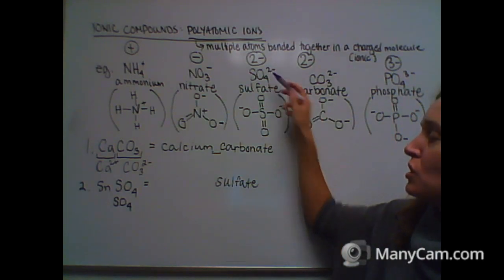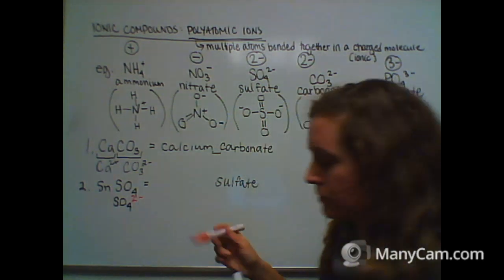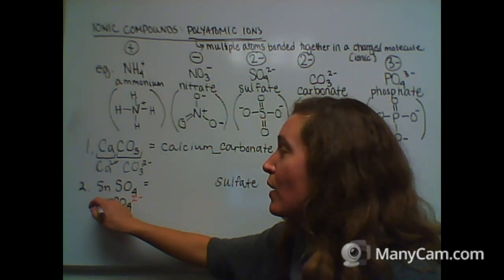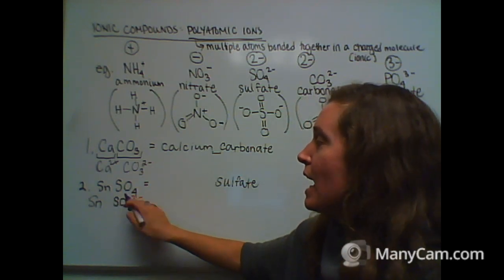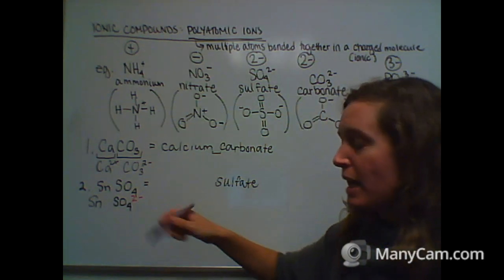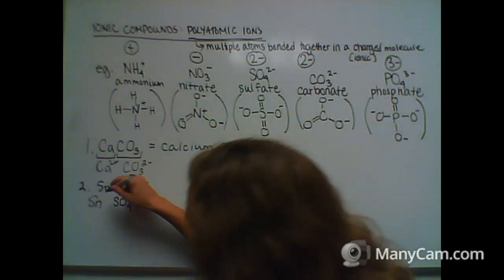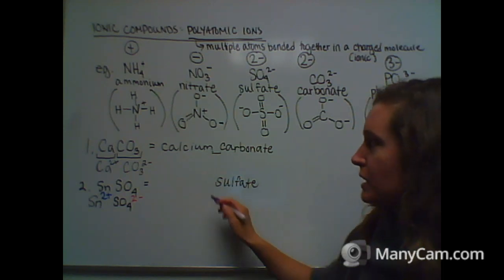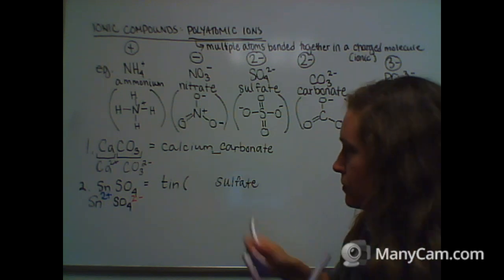We have to figure out the charge on sulfate, so let's write that down here. And now let's write out all the pieces. We have tin, and there's one of them. Sulfate, and there's one of the whole sulfate. So in order to cancel out the charge of 2- on sulfate, what must the charge on the tin be? Right, it must be 2+. So this overall name is tin 2 sulfate.